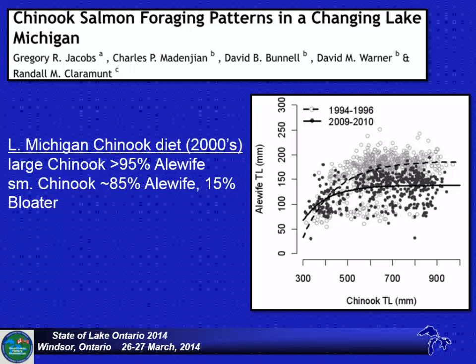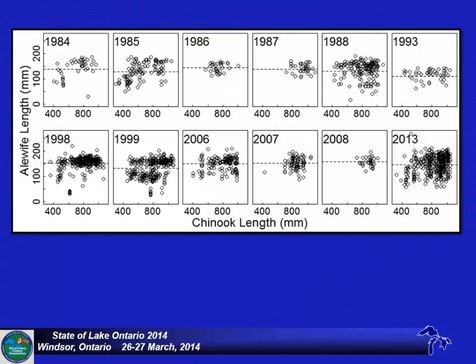They also saw a shift in the alewife size distribution, and that was reflected in the consumption in Chinooks, where back in the 90s they were eating a much larger size alewife. Now that those alewife aren't actually out there or as abundant in Lake Michigan, they're preying on smaller alewife. We ran a similar analysis in our data and find actually no trend.